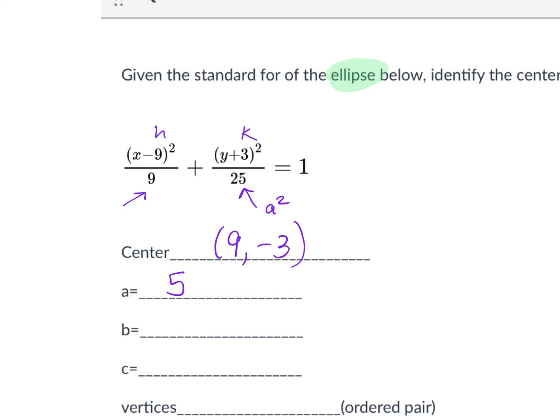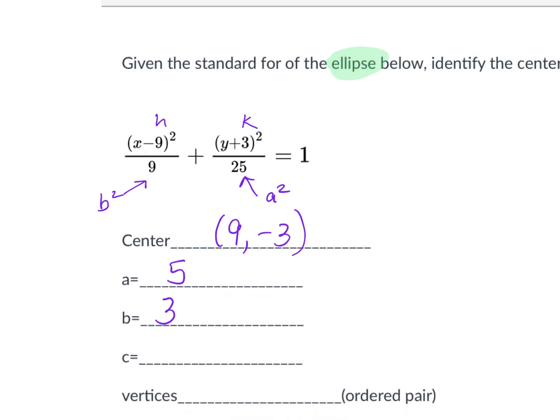Tell me what that tells me about distance from stuff. Anybody remember? What do I use? What value, or when I'm trying to find vertices versus foci? Add and subtract. Right? So which one? Well, we can talk about that in a second. That's fine. What is this? B squared? So this is 3, right?